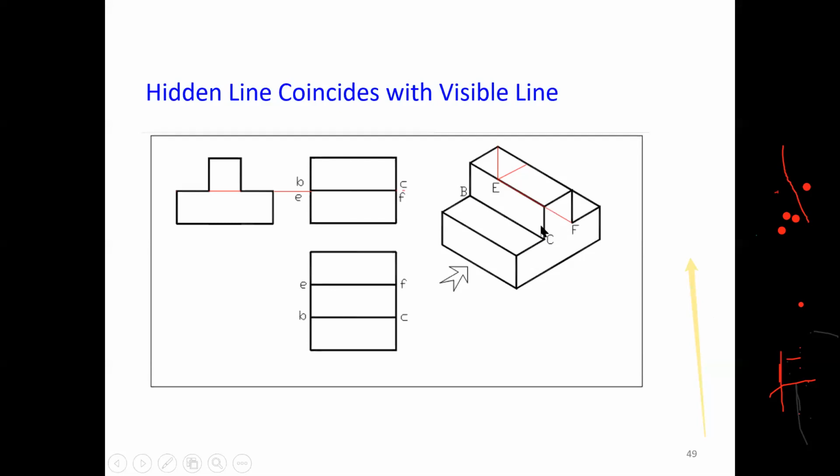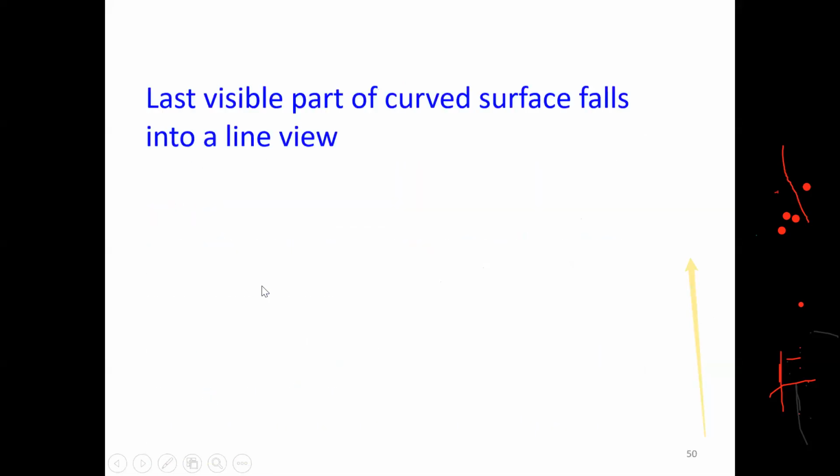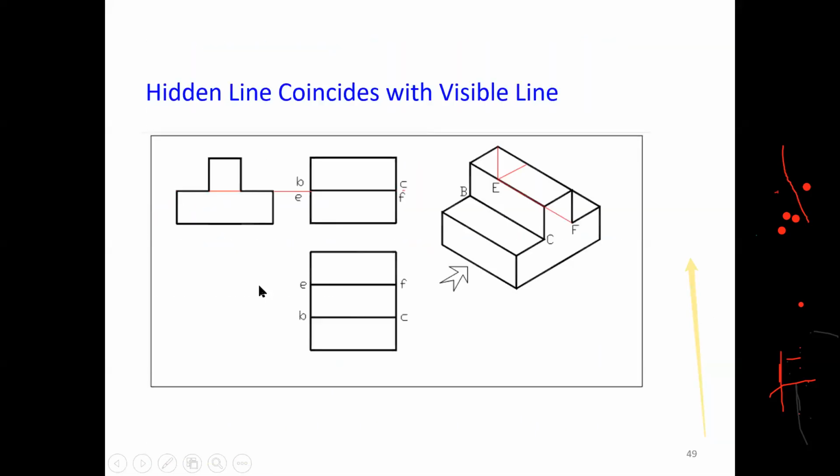This C line is overlapped on this line. And this BC is overlapped on this red color line. So these hidden lines are overlapped by some visible lines.